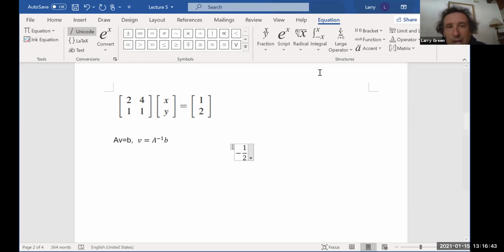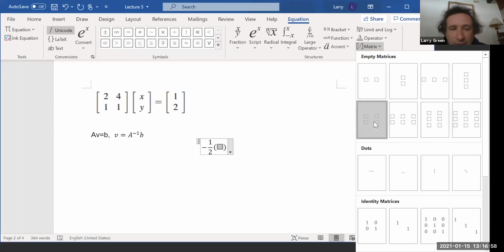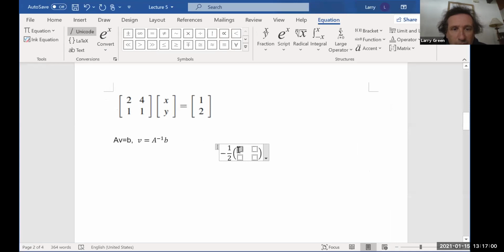And then you multiply it by the matrix where you switch the diagonals, so you get 1 and 2, and you make the off diagonals negative, so you get -1 and -4.